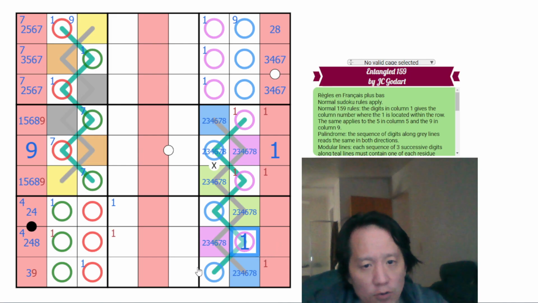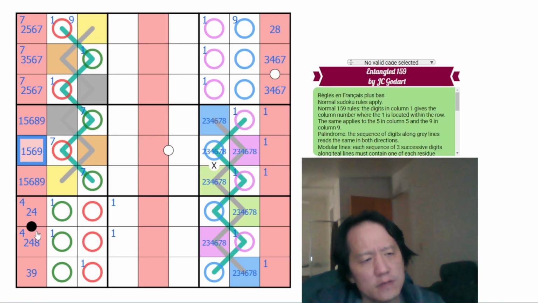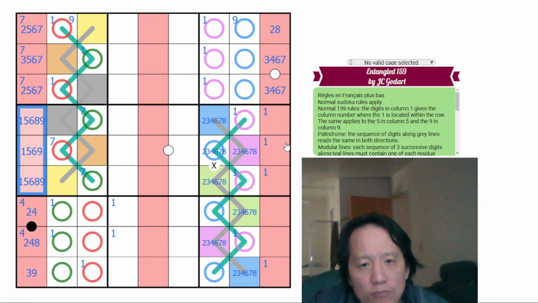So this would be 1. Is that right? Let me think that through again. This has 3 of modularity. Oh, yeah. Because none of these 3 can be the same as one of these 3. So all 3 of these have to be here, which means there's 1 of each modularity. Okay. Yes, so that is correct.